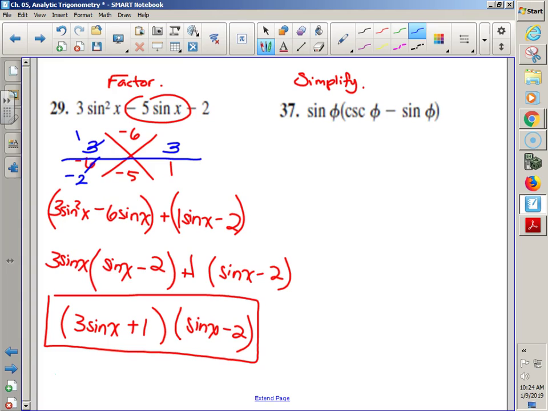Joe? If this was 3 and 6, and this was 9 and 3, and you took out 3 from both, then there would be a GCF that you didn't see to begin with.